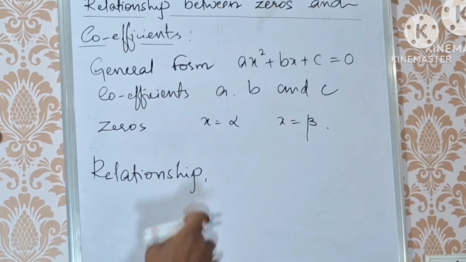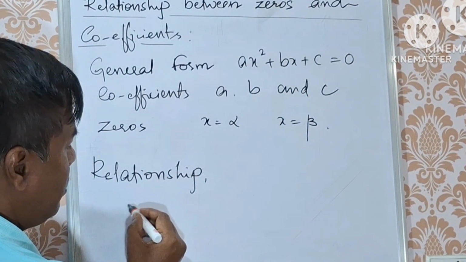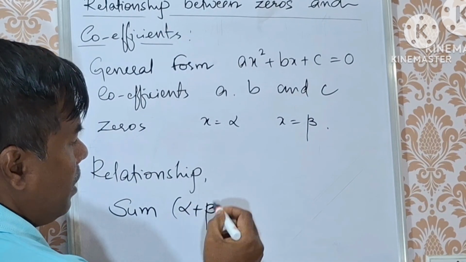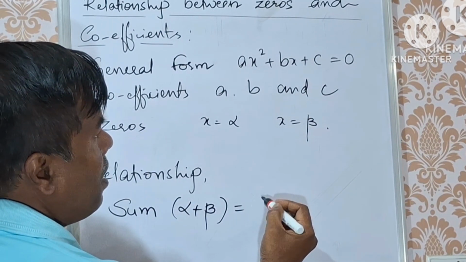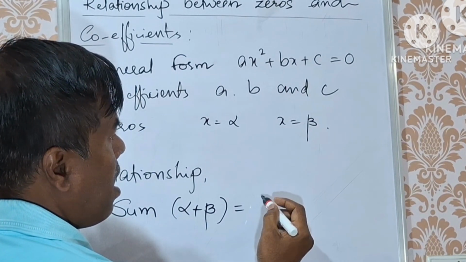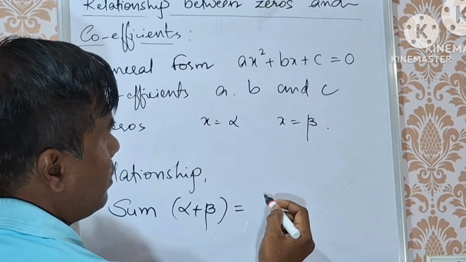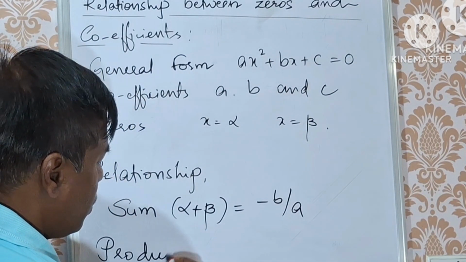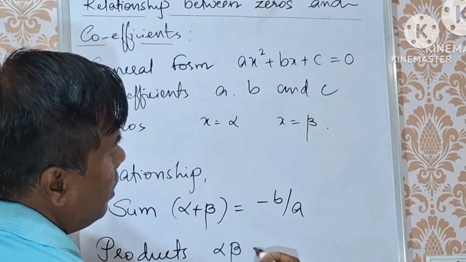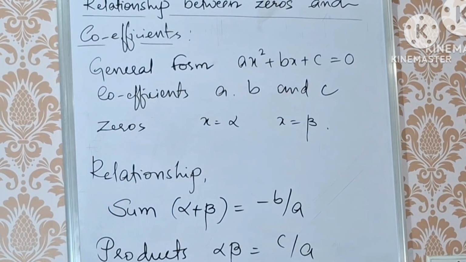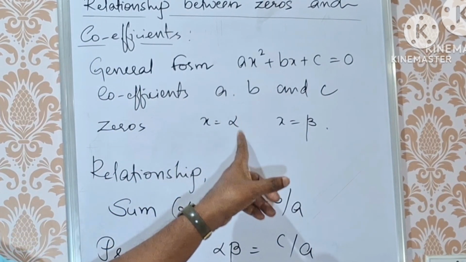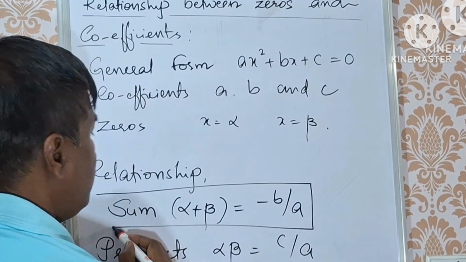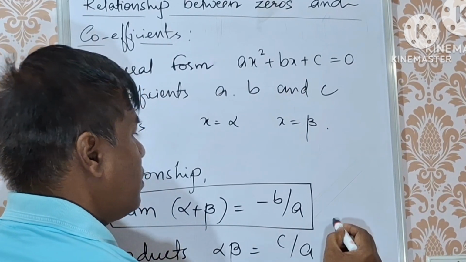Then the relationship between the coefficients and zeros is given by: sum of the zeros, alpha plus beta, equals minus b by a, and product of the zeros, alpha into beta, equals c by a. This is the relationship between coefficients and zeros. Sum of the zeros is minus b by a, product of zeros is c by a.